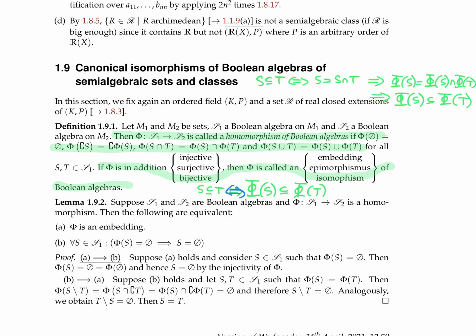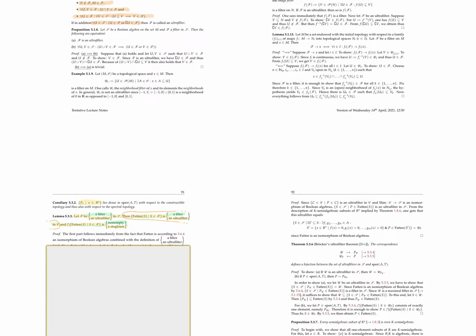And so from this you see that all the properties of a filter are preserved. It's quite easy to see.